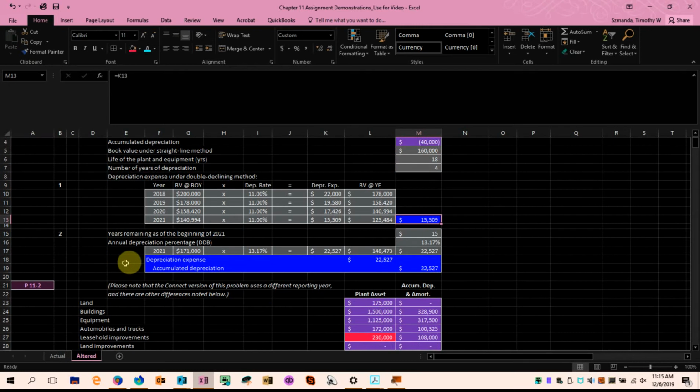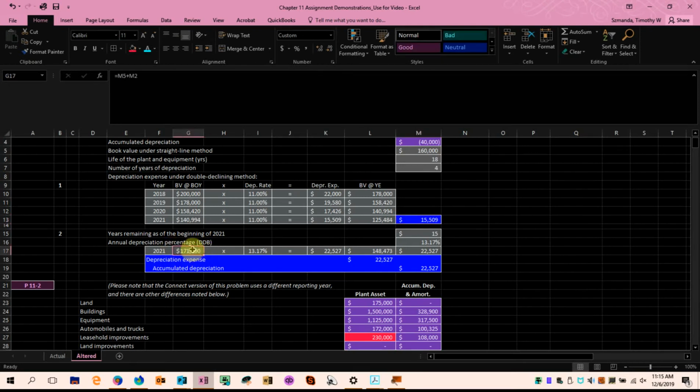The second part asks us to calculate the depreciation, but in this case it says assume company B switches depreciation methods in 2021 from straight line to double declining. Whenever you change the methods, you really need to calculate what the book value is at the time of the change.